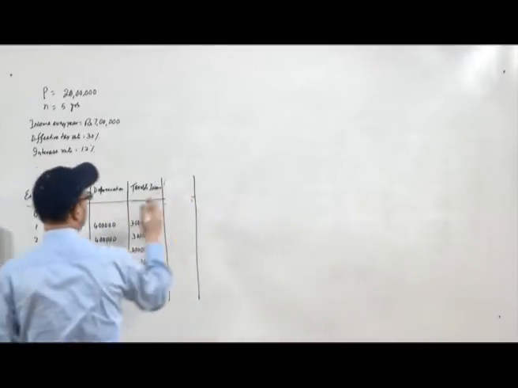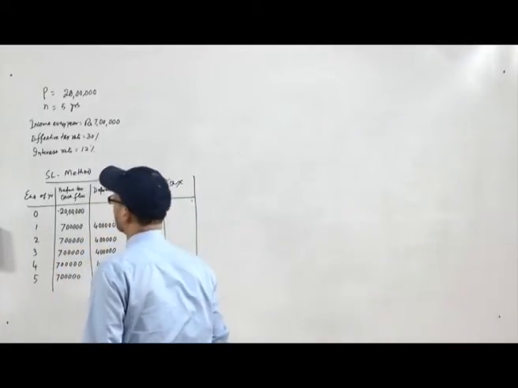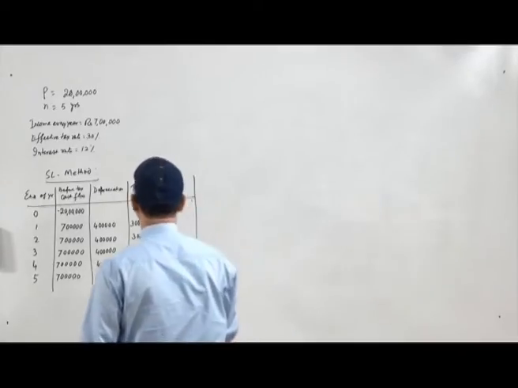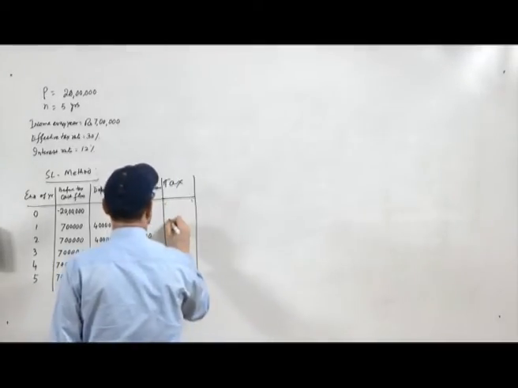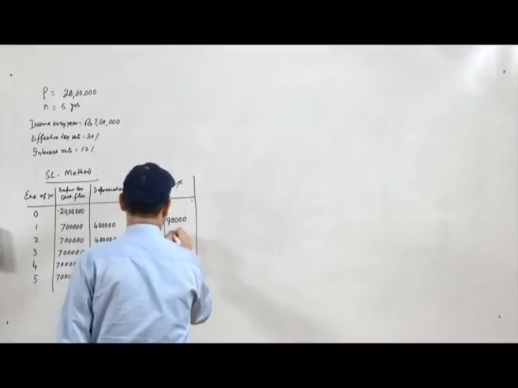The effective tax rate is 30%, so it is 90,000 in every case.